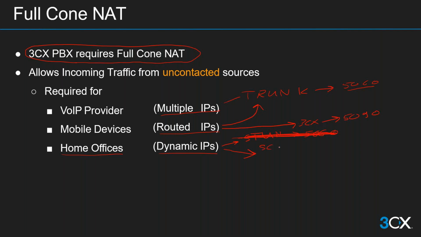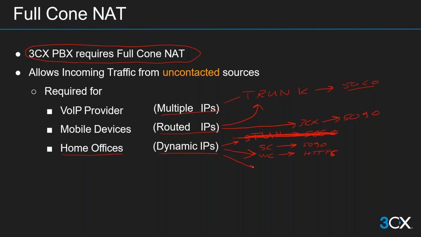When we use the soft client, we use 5090. If we use the web client, we use the HTTPS port. We actually have the session running there on the actual web server on the 3CX HTTPS port, which is in the end either 443 or in our case now 5001 or whatever.